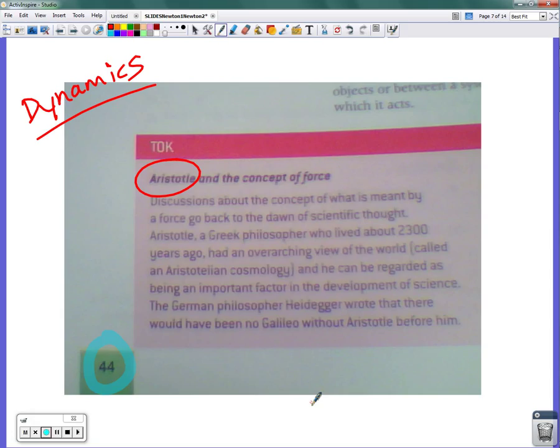And I'm not going to read this to you, but one of the things that Aristotle proposed is that there is something called the natural state of an object. That there is a natural state that something exists in, and that if we put it in an unnatural state, it will do everything it can to return to its natural state.